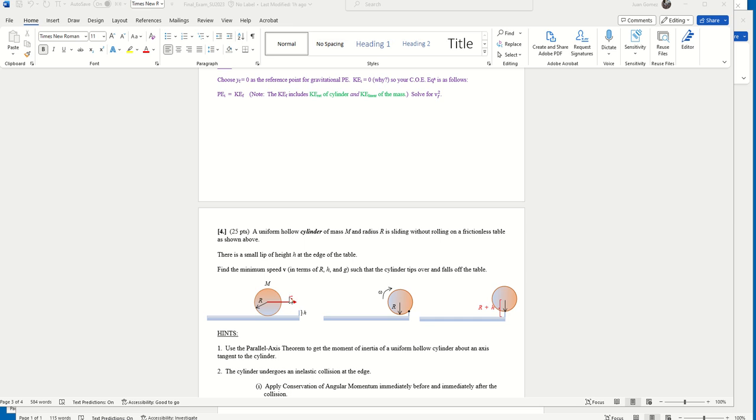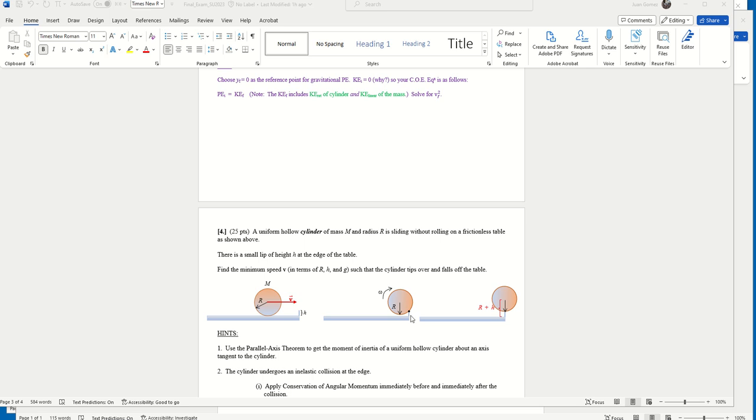On your final, you have a uniform hollow cylinder sliding without rolling along a frictionless table. It hits the lip of this table, which has a height of h. Now the cylinder begins to rotate, and I want to know what minimum speed it must slide with so that it just barely tips over.